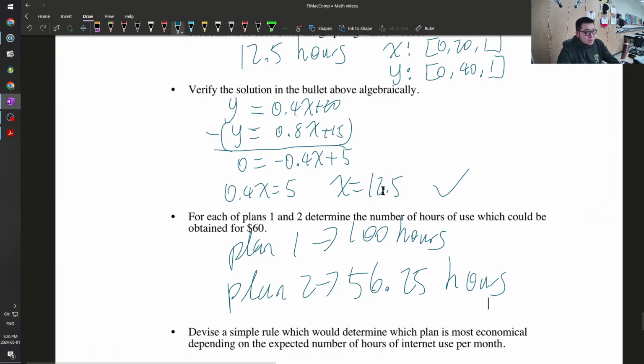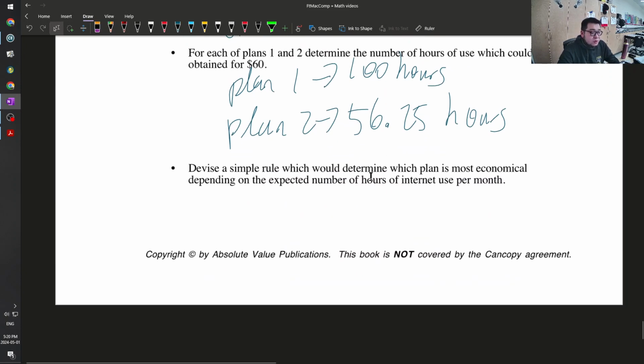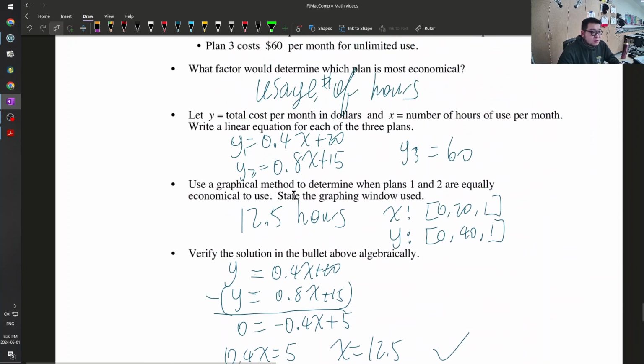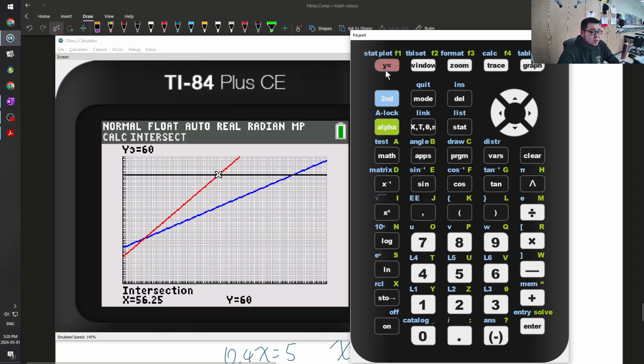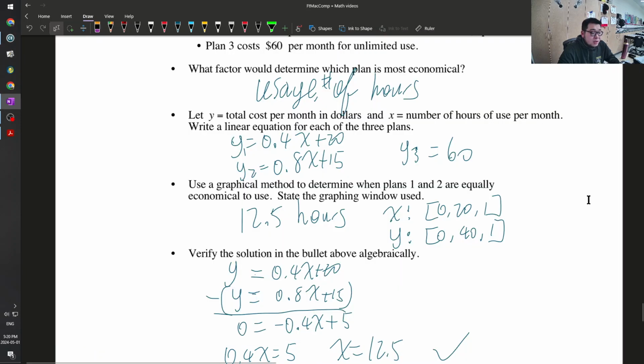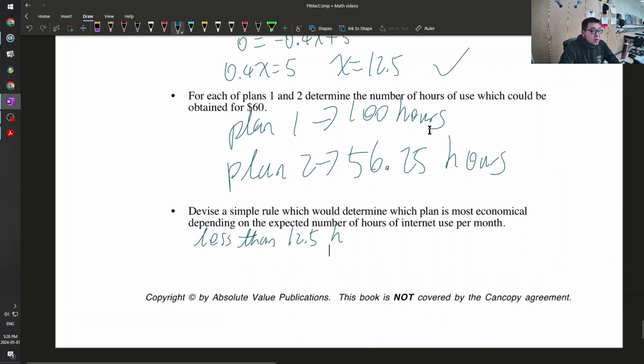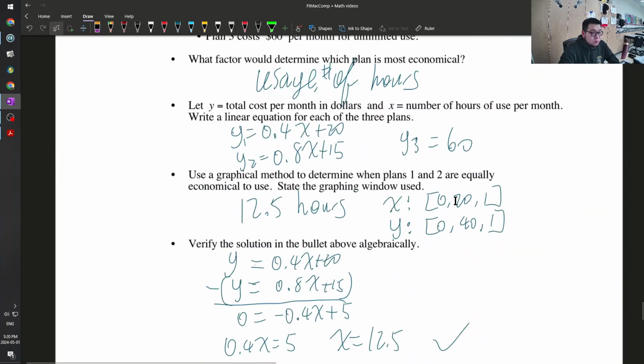Okay, so they want us to make a simple rule for the most economical plan depending on the number of hours per month. So at 12.5 hours, they are approximately equal. So the red one is the best if you use less than 12.5 hours, then we should use plan 2 because it costs less.